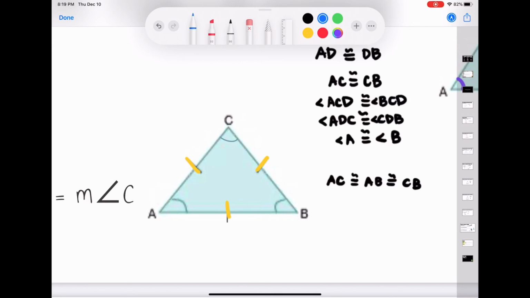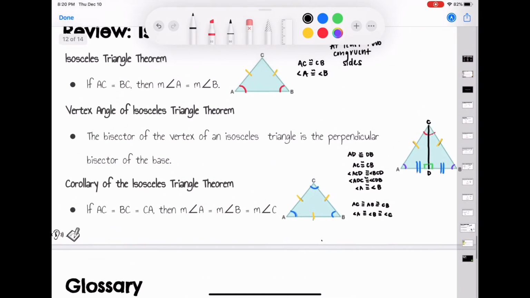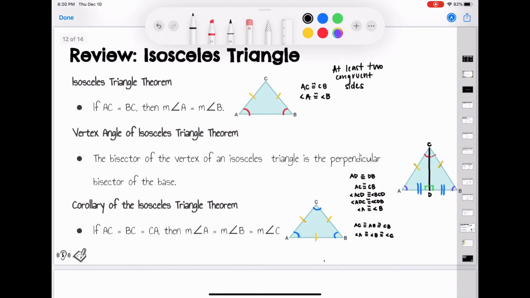But it also means that our angles are also congruent to each other, because if it's equilateral, then it's equiangular. So that would look like A is congruent to B, which is congruent to C. And these are all the different relationships that we can determine just by knowing that we have an isosceles triangle.